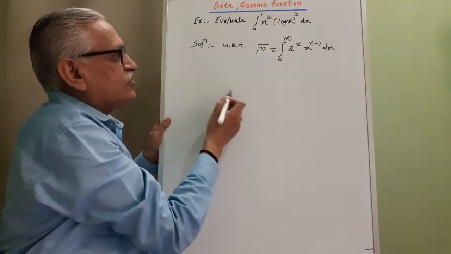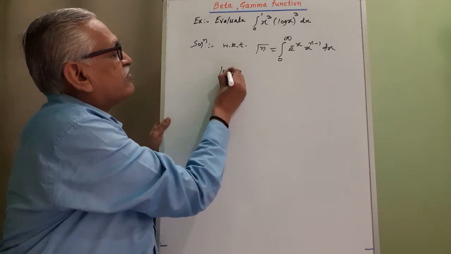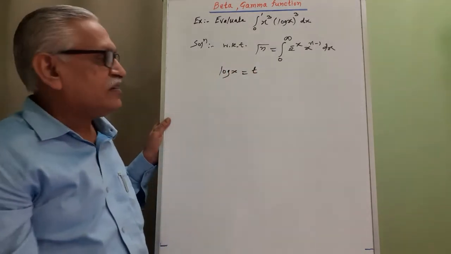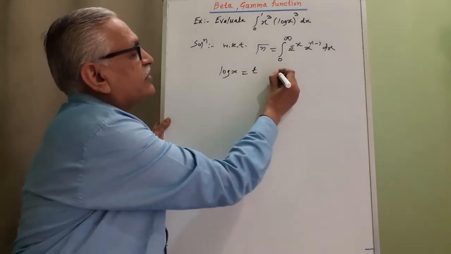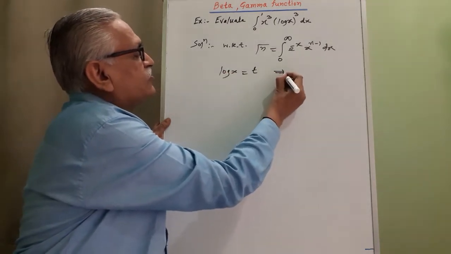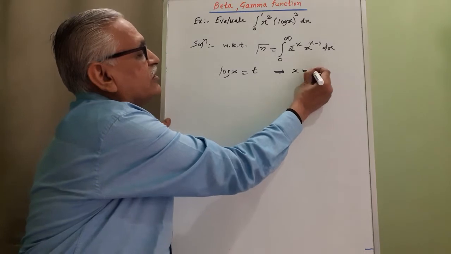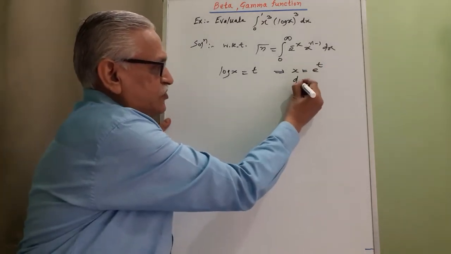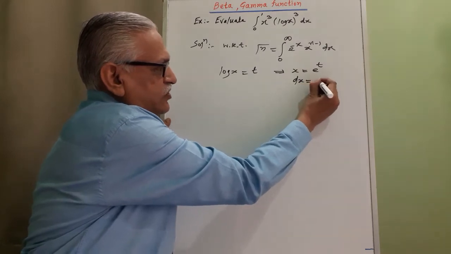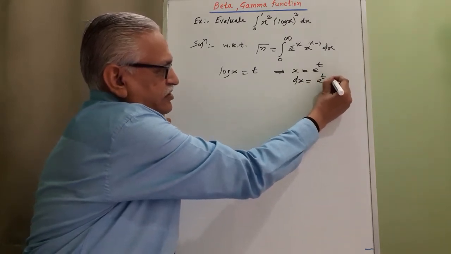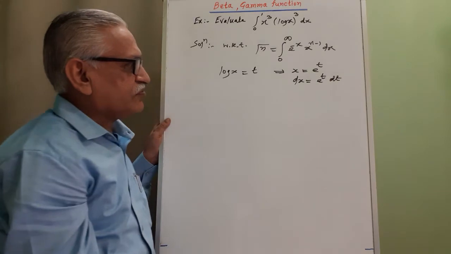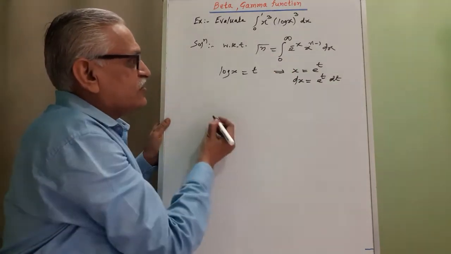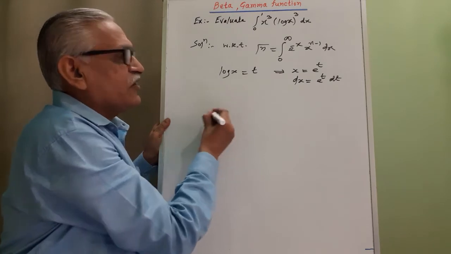and we substitute log x as t. Transferring this to the other side, it gives x is equal to e raised to t. Differentiating with respect to x, we get dx is equal to e raised to t dt. As we are using the substitution, we find the new limits.